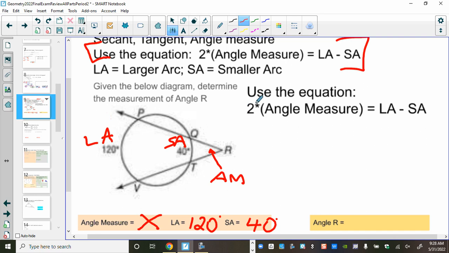So now, here's your setup. Two times the angle measure, we don't know it, so it's just 2 times X. We have a larger arc, 120. And we have a smaller arc, 40.